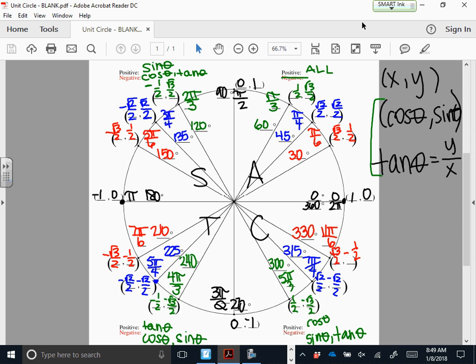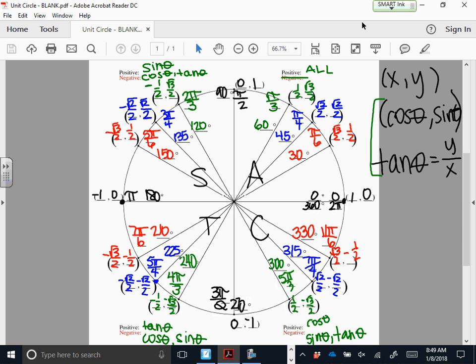Radical 2 over 2, radical 2 over 2 should be an easy one to remember. It's just a matter of 1/2 and radical 3 over 2, which one's x and which one's y for 30 versus 60. If you can get the first quadrant figured out, you should be able to fill out everything else.